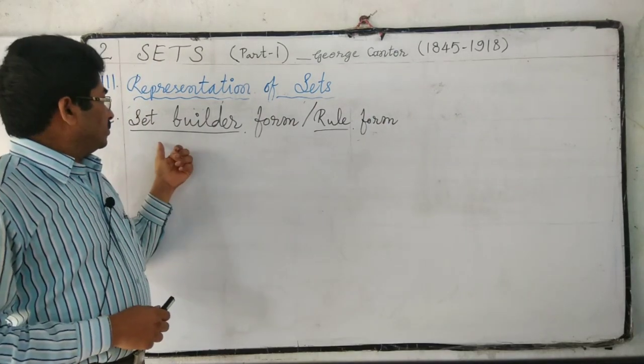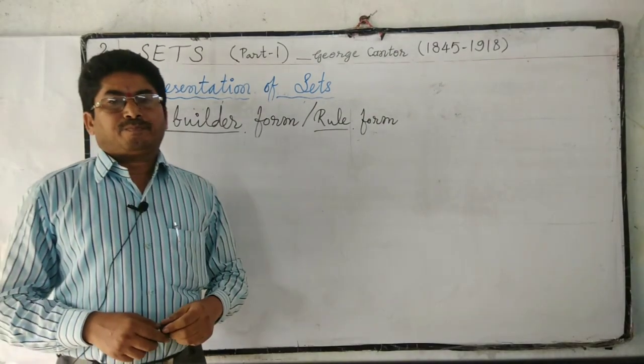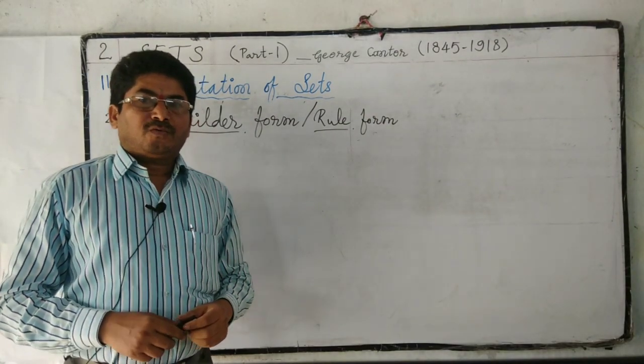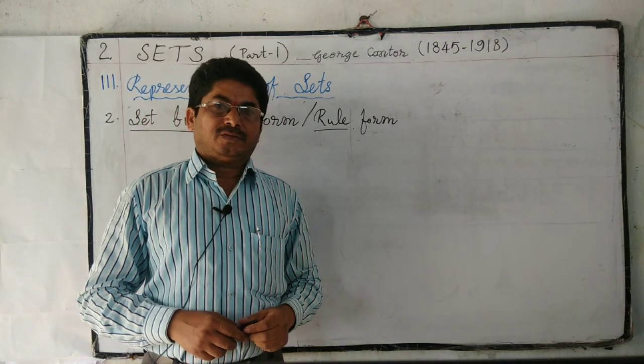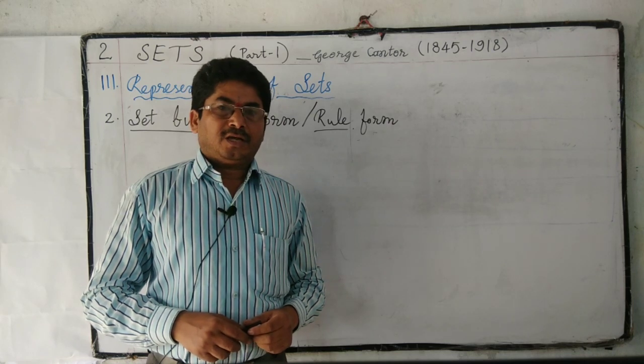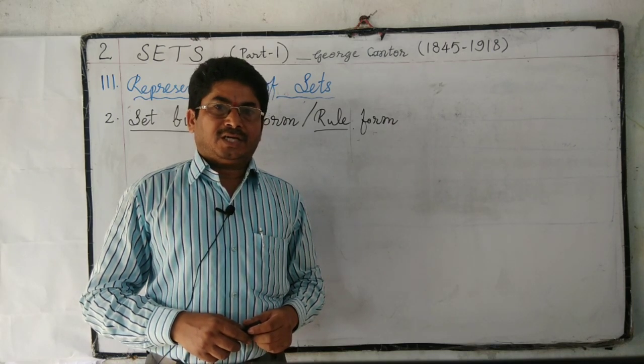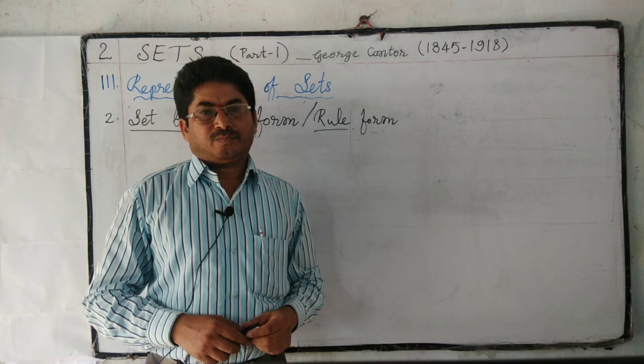Next, set builder form or rule form. What is a set builder form? When we write a set by defining its elements with a common property, then we can say that the set is in the set builder form.